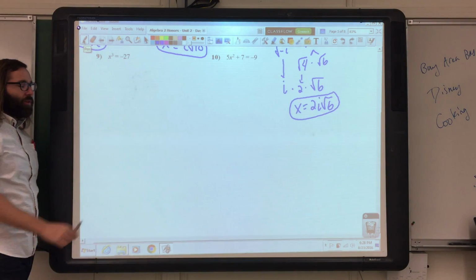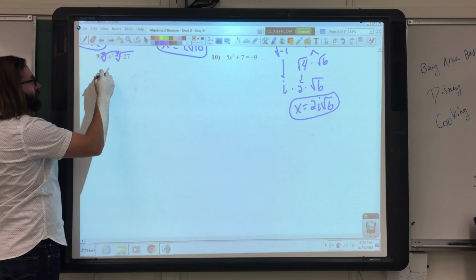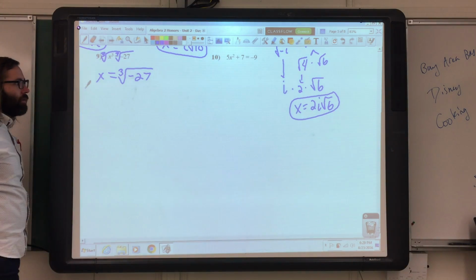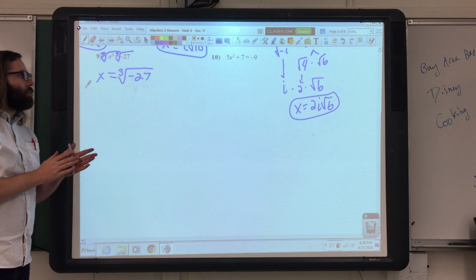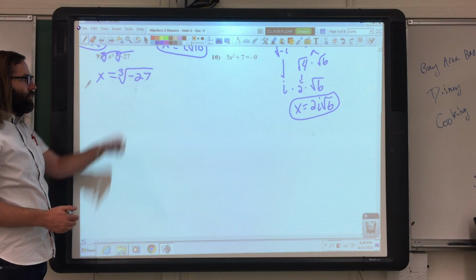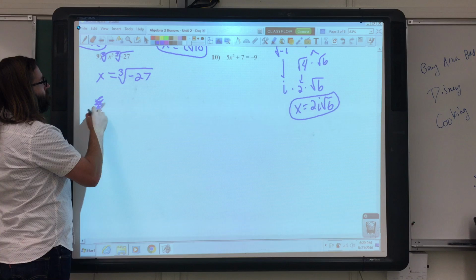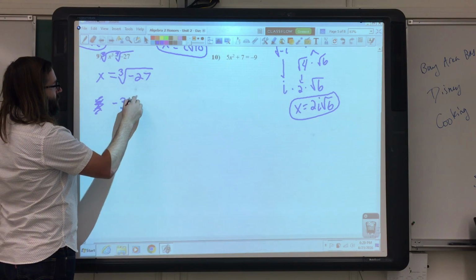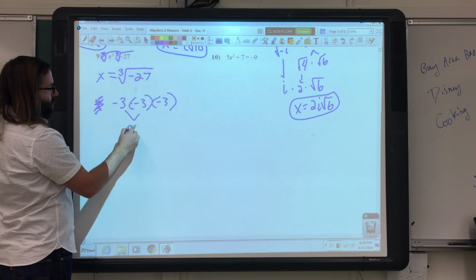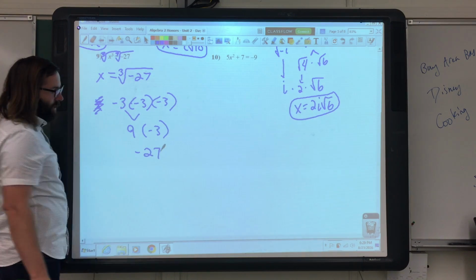X cubed is negative 27. To get rid of the cube, we're going to cube root both sides. So x is the cube root of negative 27. To figure out what multiplied 3 times gives you negative 27: negative 3 times negative 3 times negative 3 gives you positive 9 times negative 3, which is negative 27.